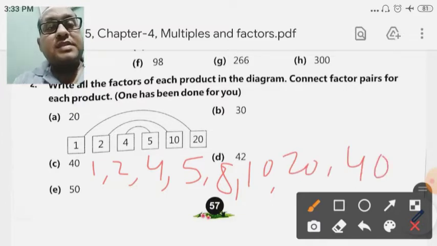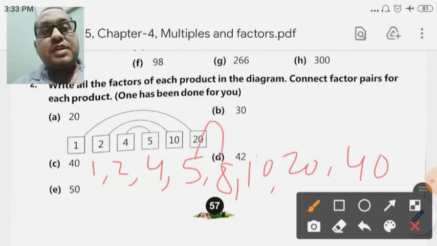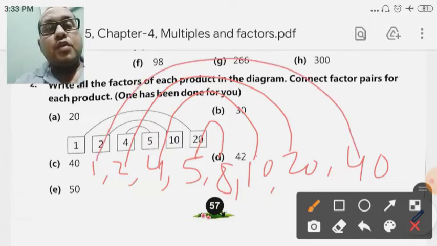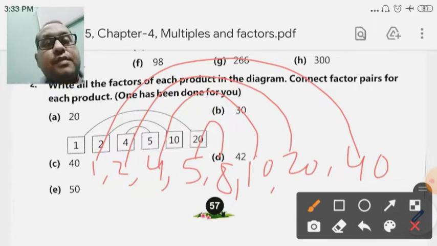So what are the pairs? 8 into 5 gives 40, so these two are a pair. 10 into 4 is equal to 40, the second pair. 20 into 2 is also 40, the third pair, and 40 into 1 is equal to 40, the fourth pair. So these are the 4 pairs for all the factors of 40.